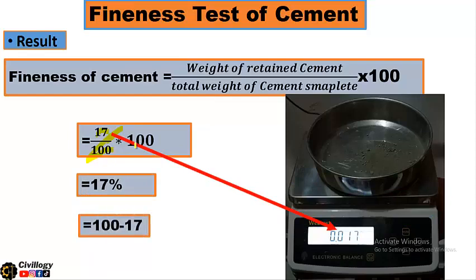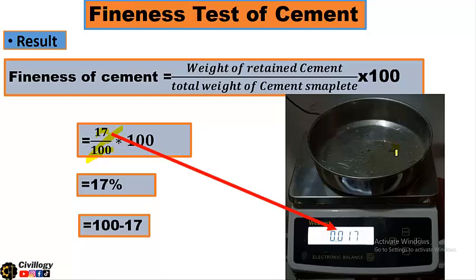As we discussed, for good quality cement this value should not in any case be greater than 10%. But in our case, as you can see over here, there are tiny residue particles.